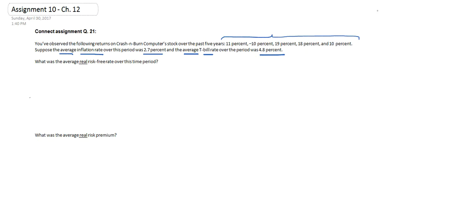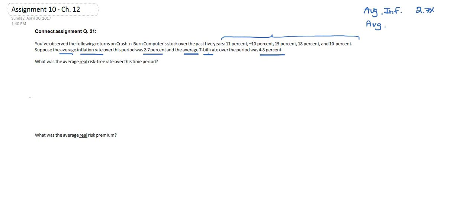So let me write it down here. You have average inflation of 2.7%. You have the average risk-free rate. Normally we use the T-bill rate as a risk-free rate because the T-bill is issued by the U.S. Treasury, the U.S. government, so it is default risk-free.